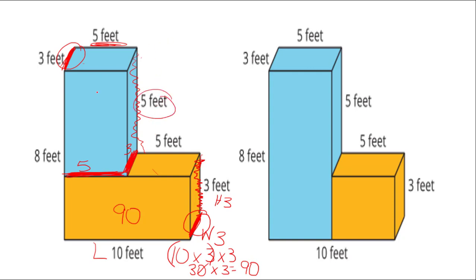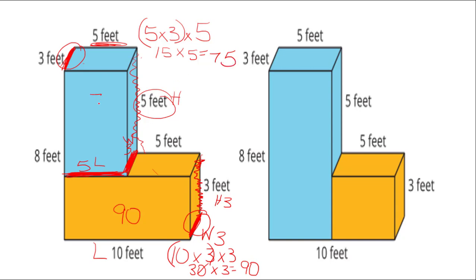So length is 5 times width in parentheses times height. So we're going to do our parentheses first. 5 times 3, 15 times 5 equals 75.